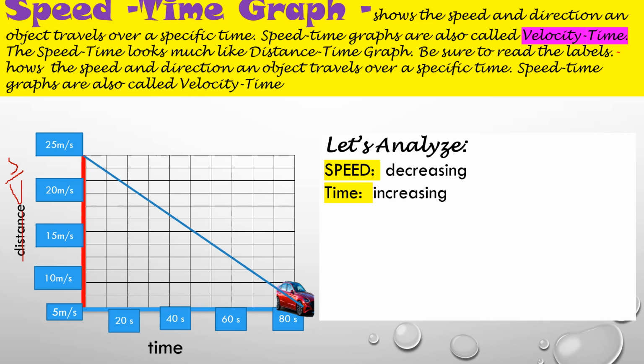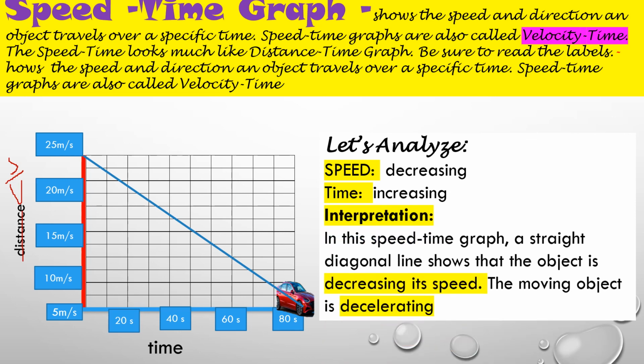What will be our interpretation? So same thing with the distance time graph. Kapag ang isang object ay nag-start from the top, bumaba siya, ibig sabihin siya ay nagde-decrease ng speed, bumabagal. Or siya ay nagde-decelerate, nabagal siya. Maliwanag? Maliwanag po?